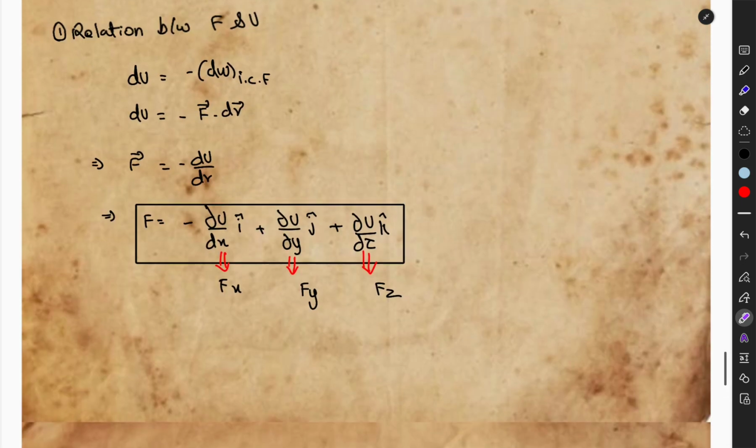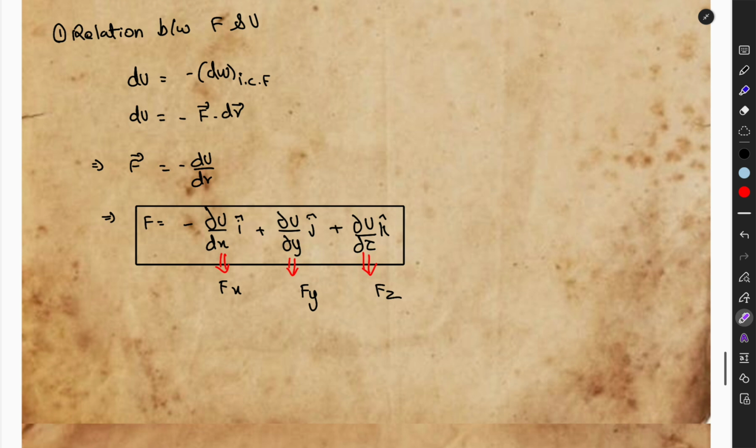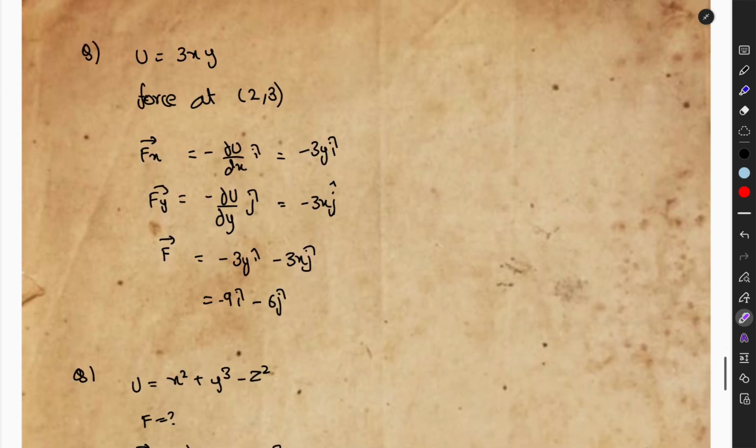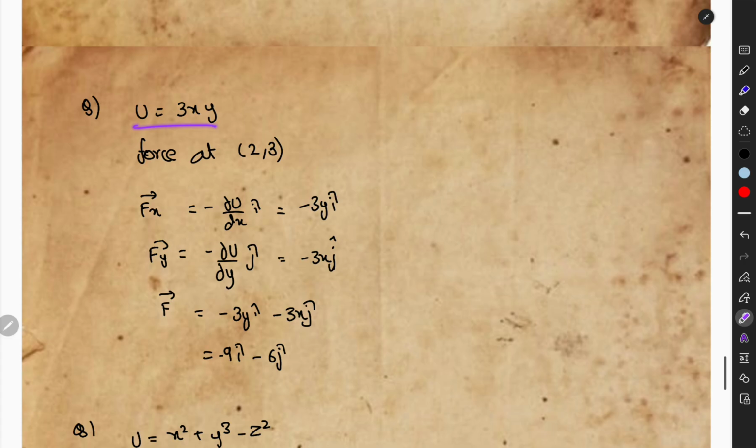If you don't know how to solve it, the next question is about that. Let's take U is equal to 3xy. We need to find the force at (2, 3). Partially differentiate this equation by keeping y constant, and then what? That's it, right? Z is not there, so there is no extra headache.